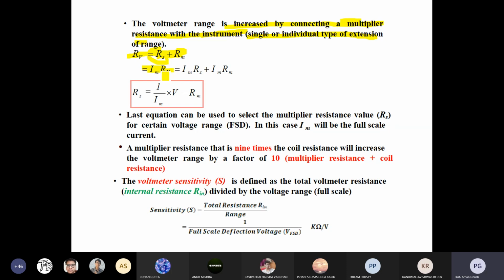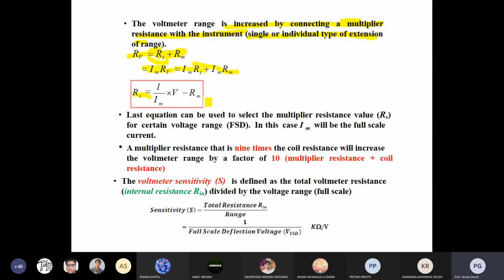So what is the value of RS? You can replace now RV. You are multiplying that IM RS equal to V minus RM.